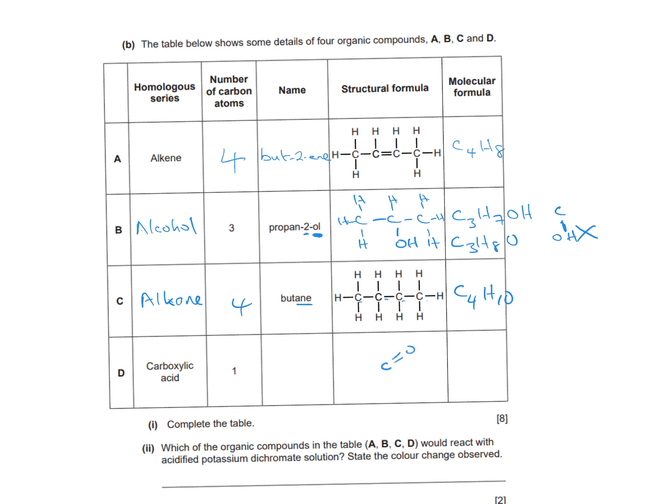The carboxylic acids have the C double bond O, OH, and then it's completed by putting in a hydrogen. So the name of this is methanoic acid. And the molecular formula is HCOOH. Again, carboxylic acids are usually written like this, COOH, but you could do H2CO2.